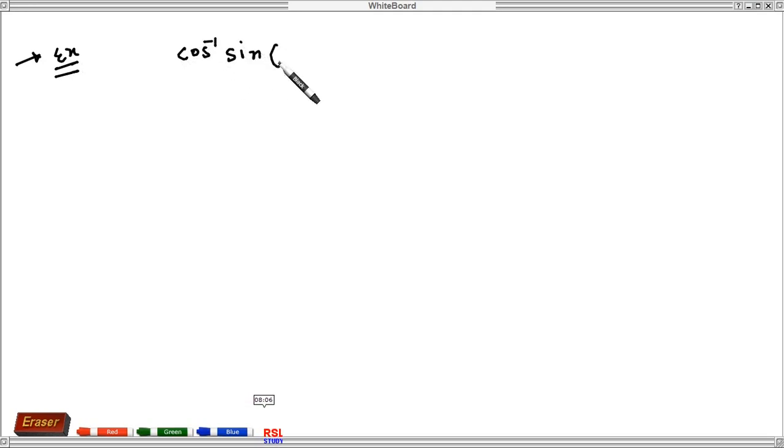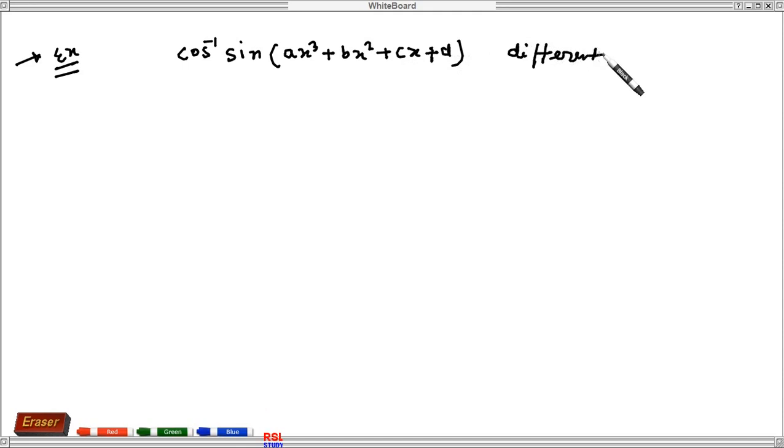Cos inverse sin of ax cube plus bx square plus cx plus d. Differentiate it. Let us first see.